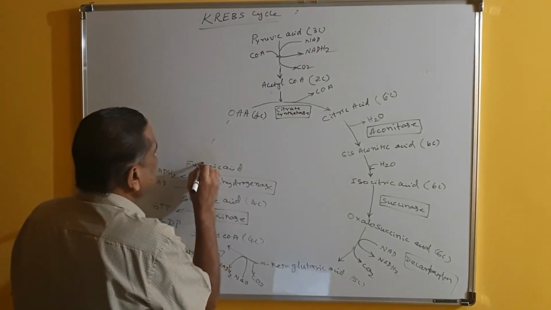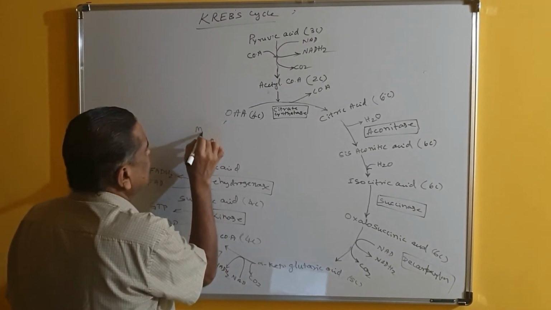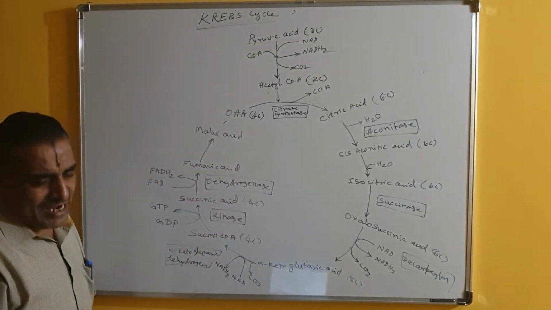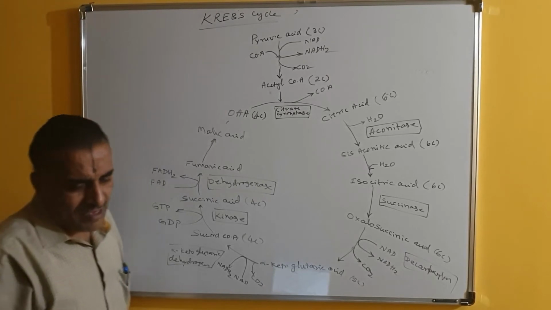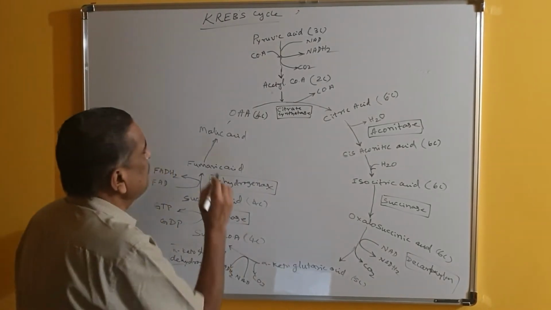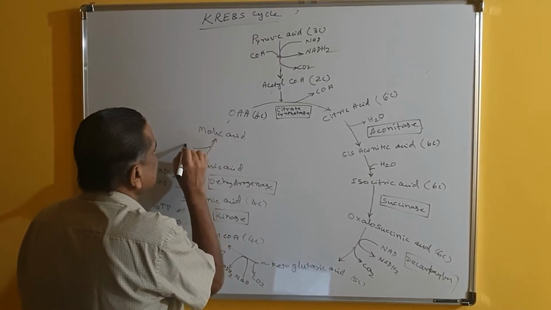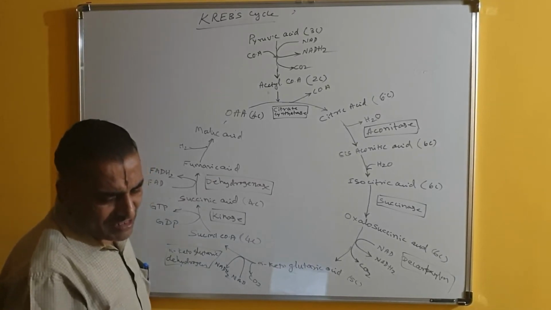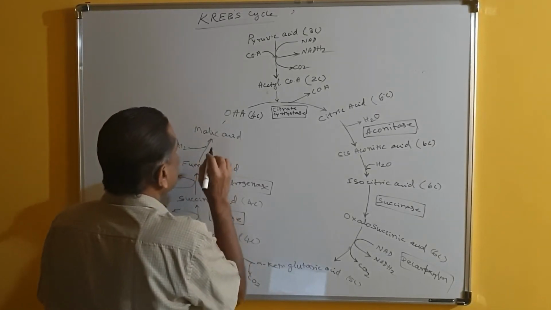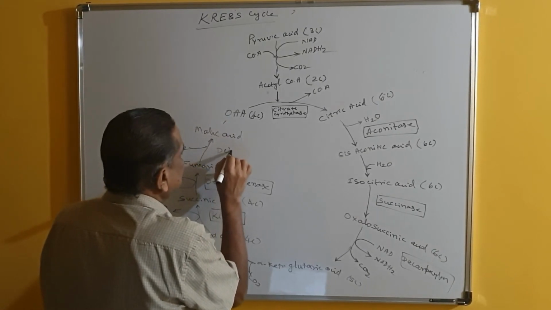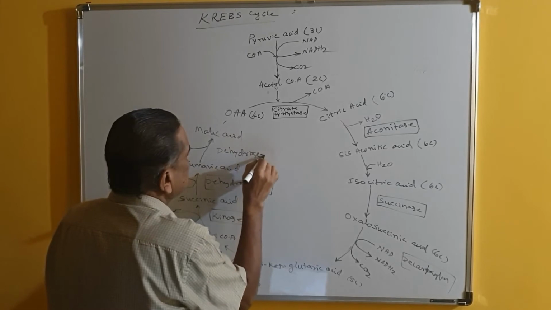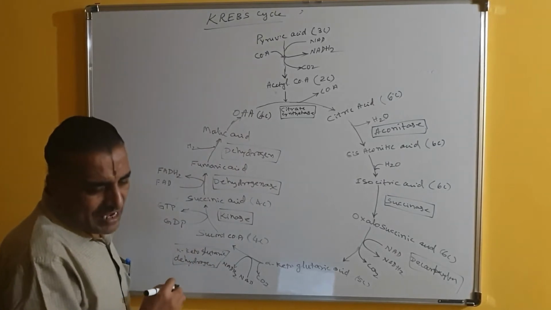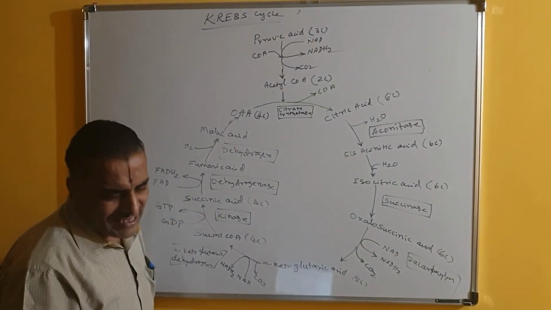And fumaric acid is converted into one more compound called malic acid, during which one molecule of water is taken inside. The enzyme responsible is fumarase, or simply you can write dehydrogenase enzyme.